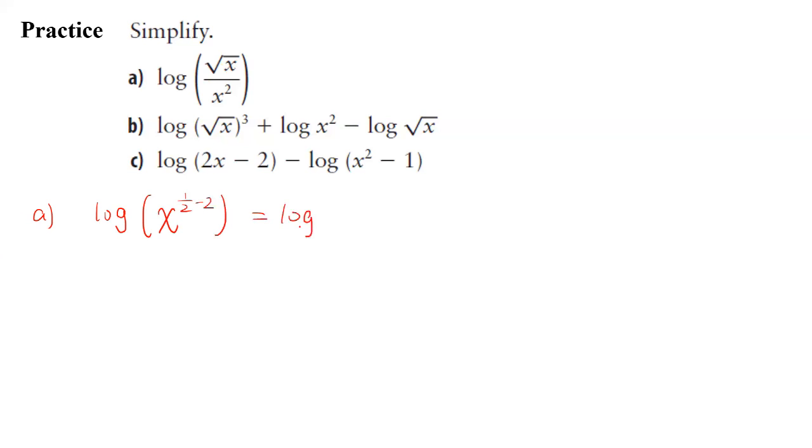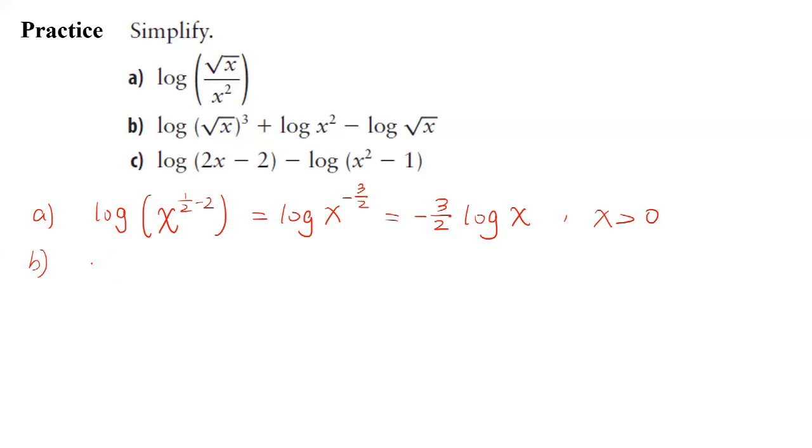Which is log of x to the power of minus 3/2. According to the power law, we can put minus 3/2 in front, and this is actually minus 3/2 log x, right? So note here x must be greater than 0 because it's under a square root sign here.